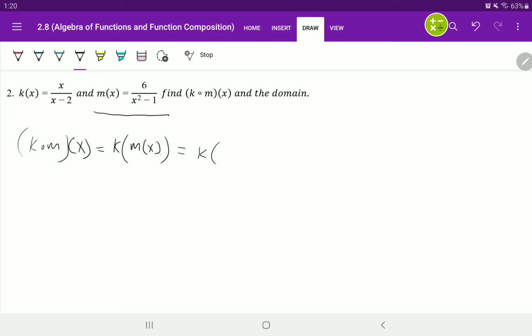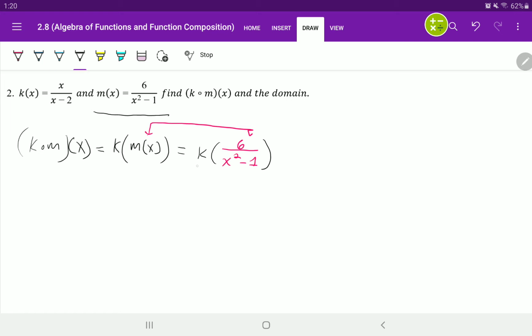So I can replace m of x here with 6 divided by x squared minus 1 into my k function. So instead of having k of m of x, I have k of 6 divided by x squared minus 1.